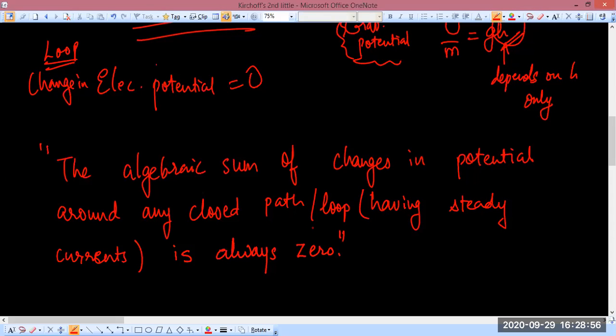Okay, so that's it, right? Algebraic sum of changes in potential around any closed path having steady current is 0.